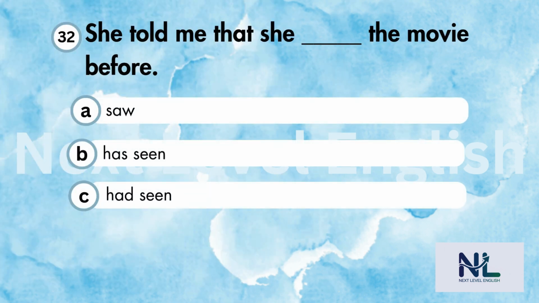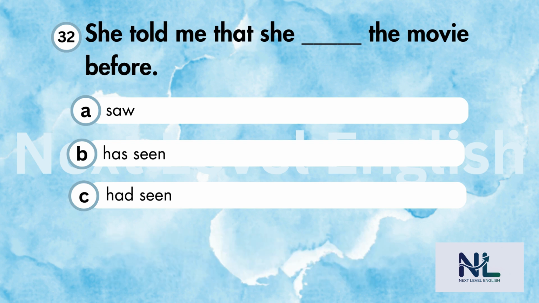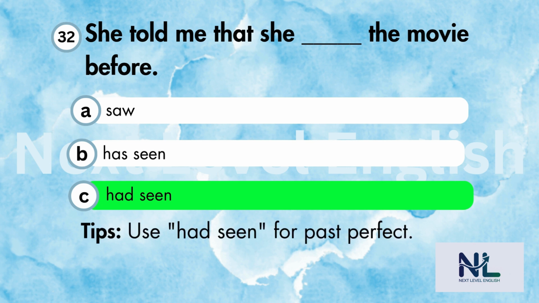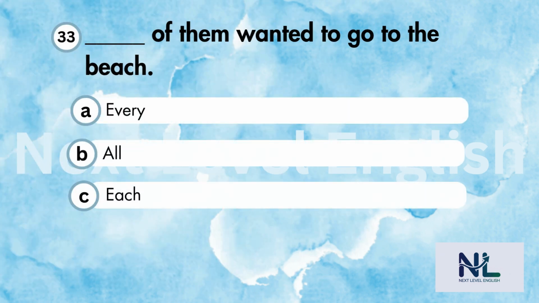32. She told me that she the movie before. Had seen. Tips: use had seen for past perfect. 33. of them wanted to go to the beach.